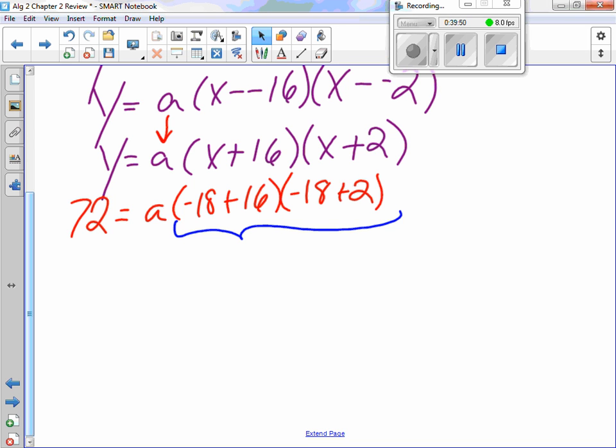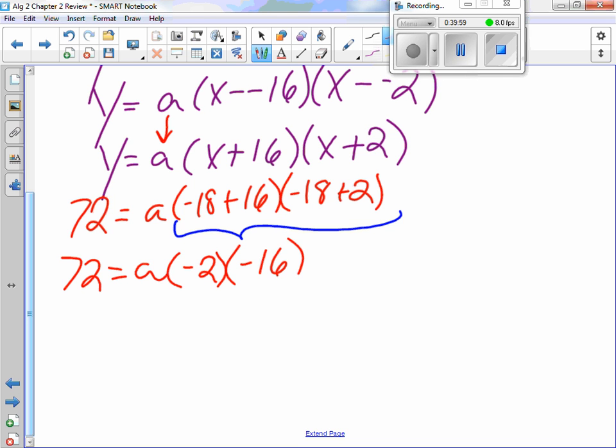Now, if you don't use a calculator, negative 18 plus 16 is negative 2. Negative 18 plus 2 is negative 16. Negative 2 times negative 16 is 32. It wouldn't be equals H, it's 32A.